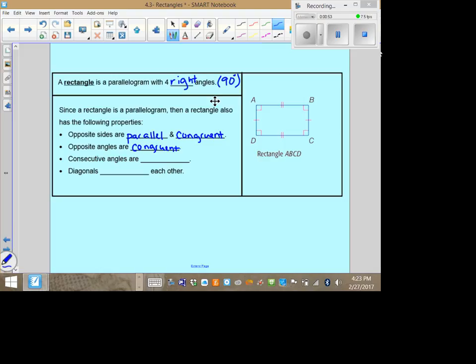Consecutive angles are supplementary, but also note here that since our angles are 90 degrees, they are also congruent. And then diagonals bisect each other. And those all come from being a parallelogram.